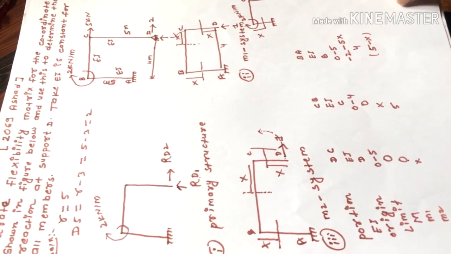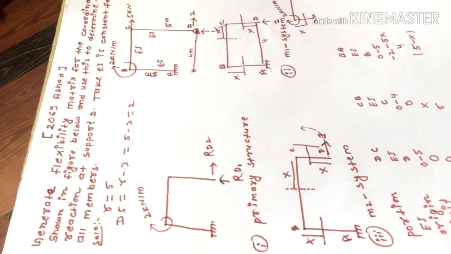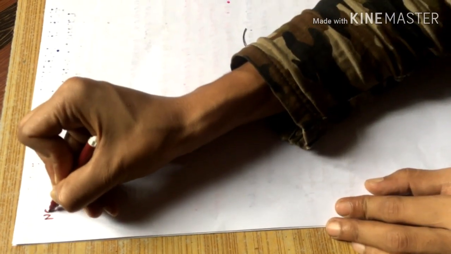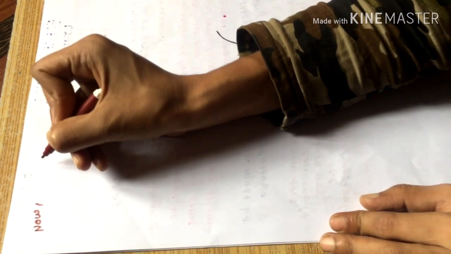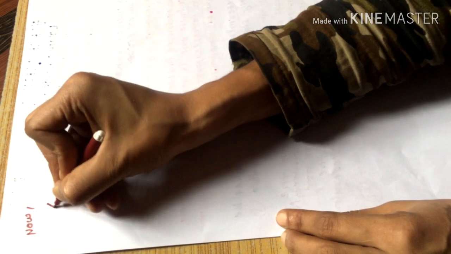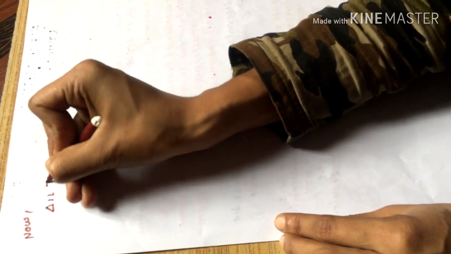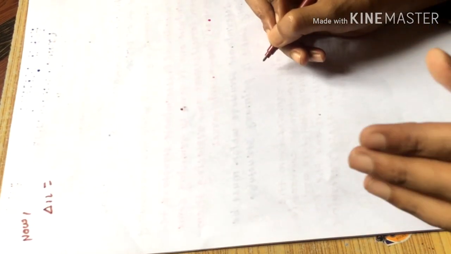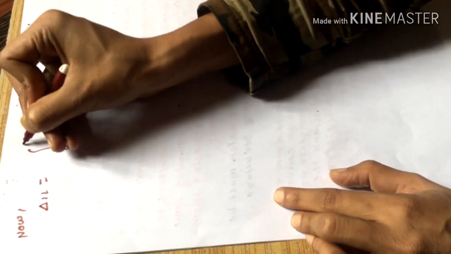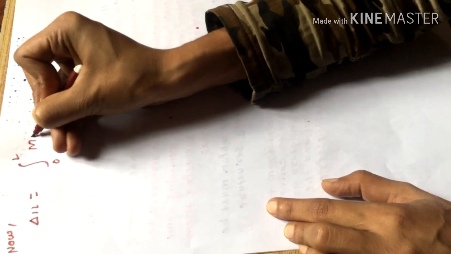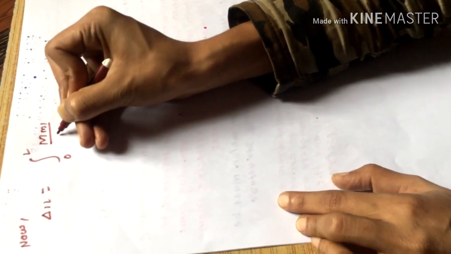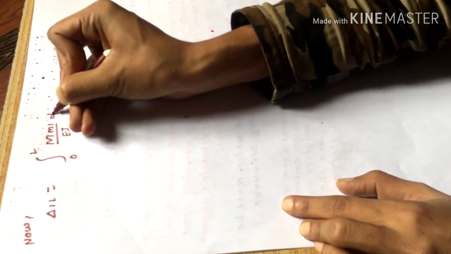Now let us go through another step, generation of flexibility coefficient. Here we have taken two redundants, so we have to calculate del 1L and del 2L. So the formula is integral from 0 to L of m multiplied by m1 divided by EI dx.